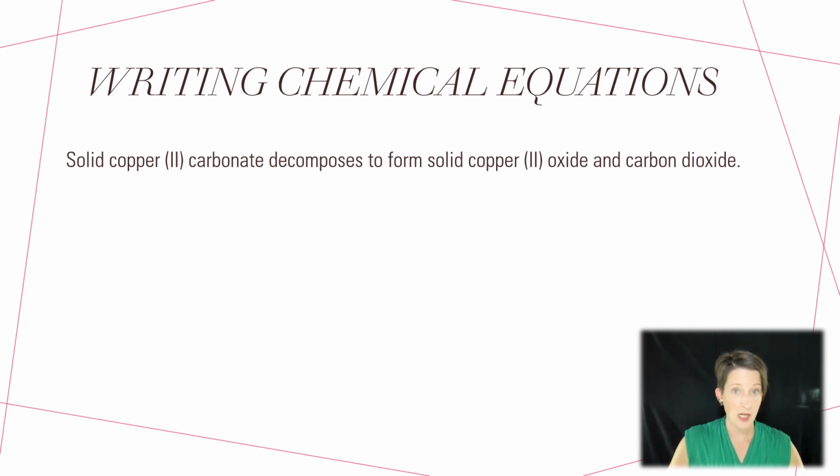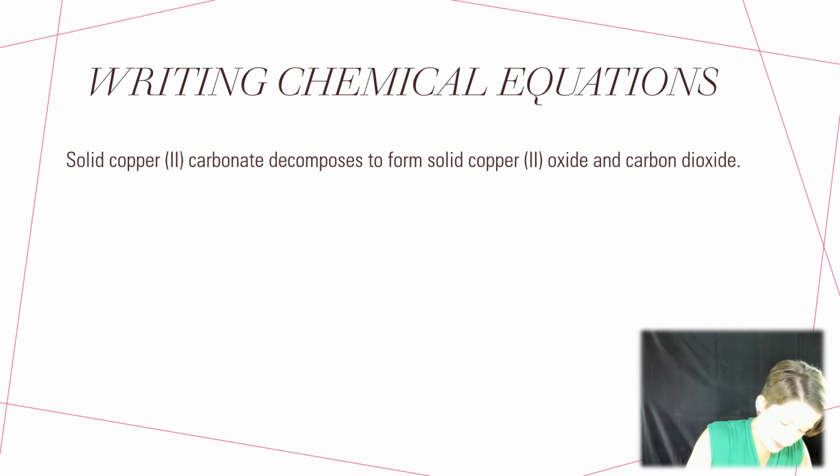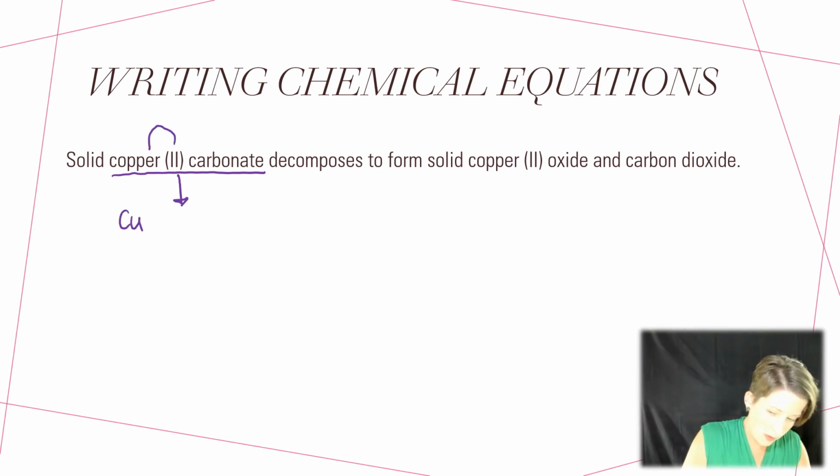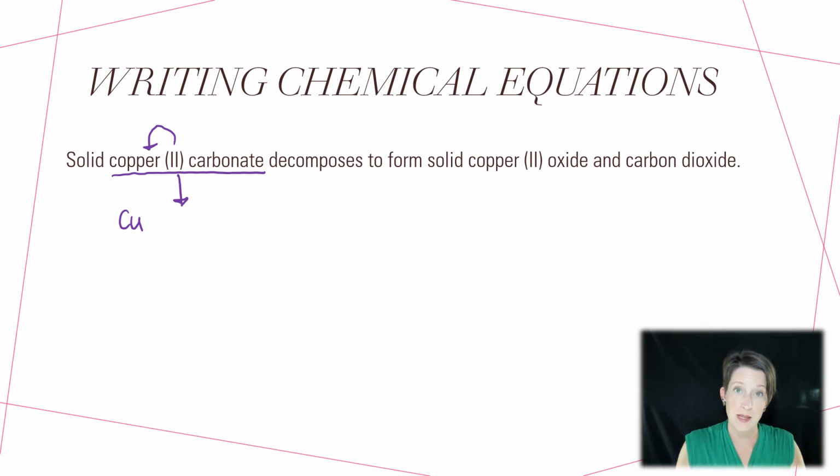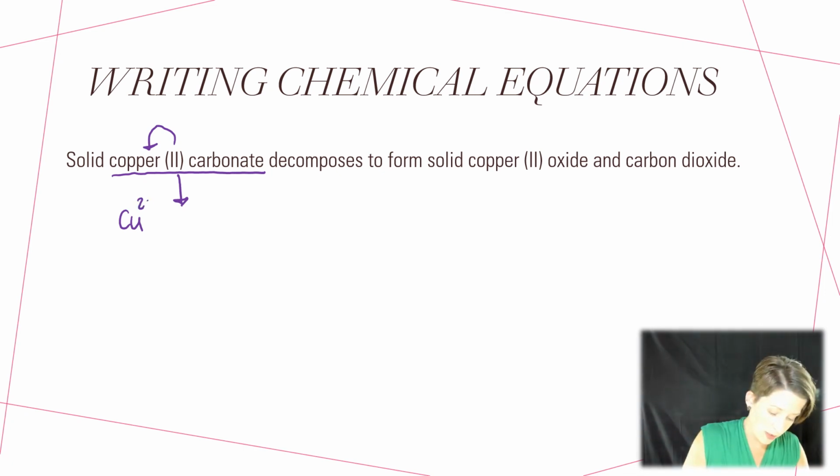All right, reading across. Solid copper 2 carbonate. There I have a compound. So I'm going to take the time to write that compound down. So we have copper. The Roman numeral tells us that it is a transition metal, so that is the charge. Carbonate is a polyatomic ion.